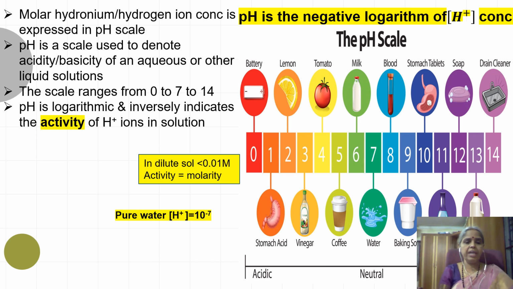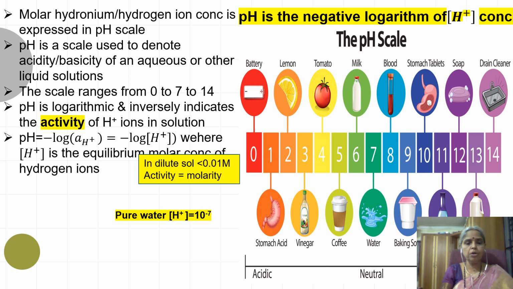So, though pH is logarithmic and inversely indicates the activity of hydrogen ion in solution, activity can be equated to molarity in very dilute solutions whose concentration is less than 0.01 molar.